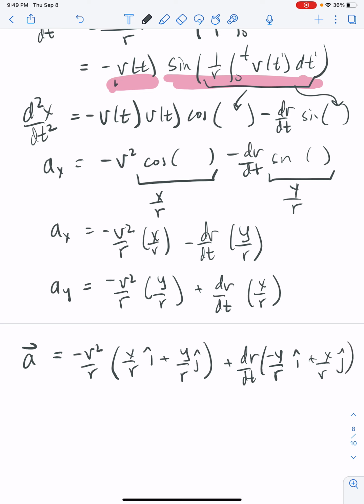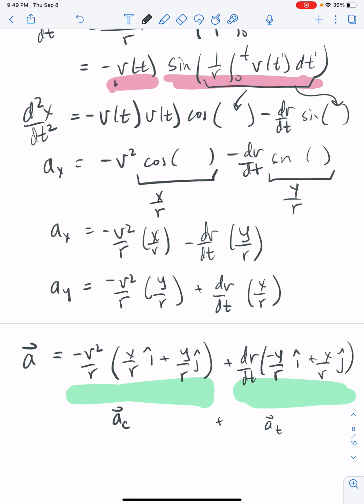Okay. And so this first term turns out to be exactly the same as the centripetal acceleration we found in the previous derivation. And then this second term is what we call the tangential acceleration.